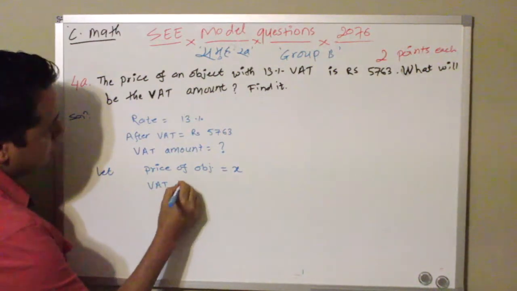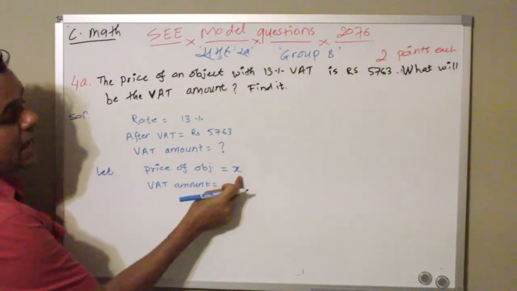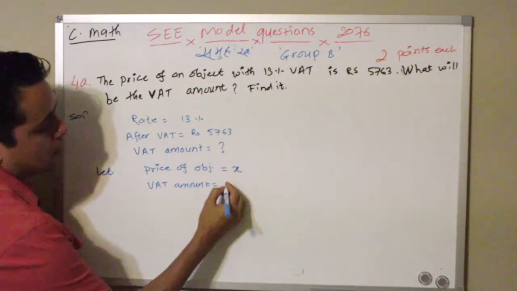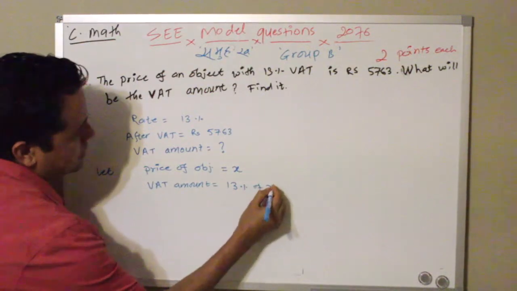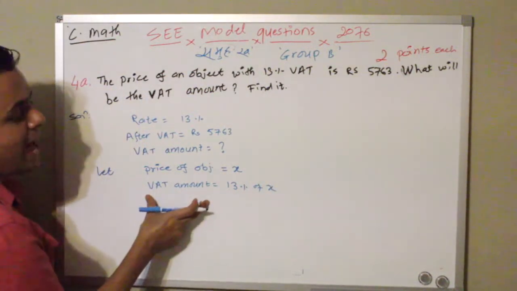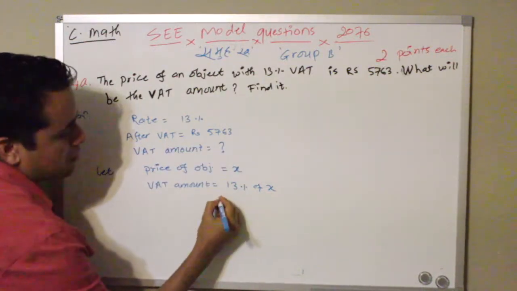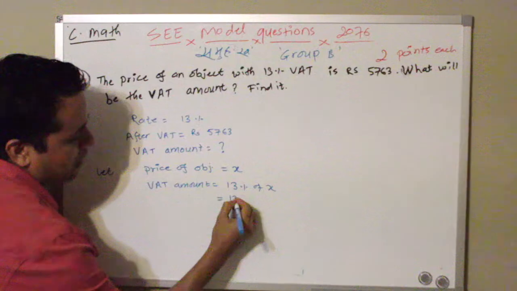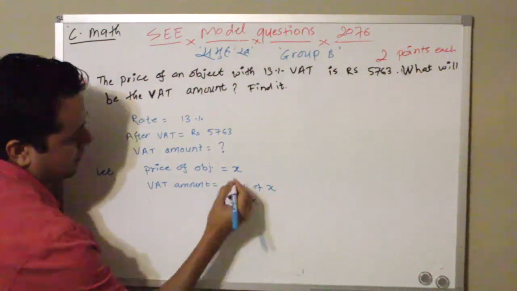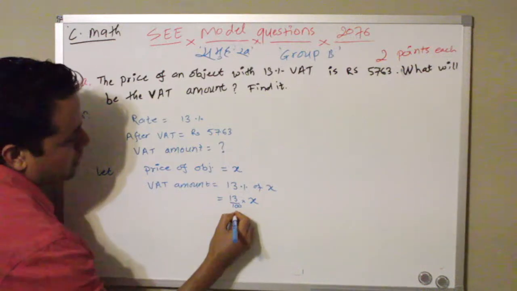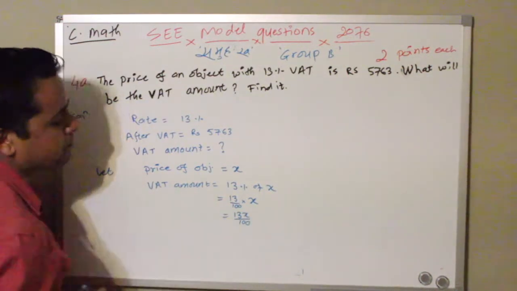So the VAT amount, because we know the price now, right? It is X. So the 13% of X, because I have to pay that much VAT, 13% VAT out of X. So this is nothing more than 13 over 100 times X, which is nothing more than 13x over 100.